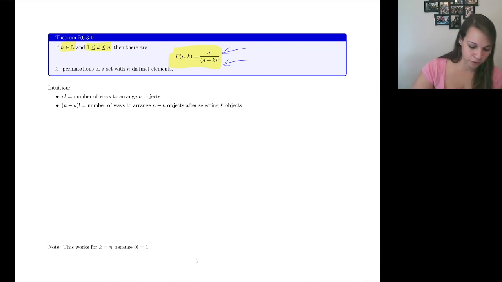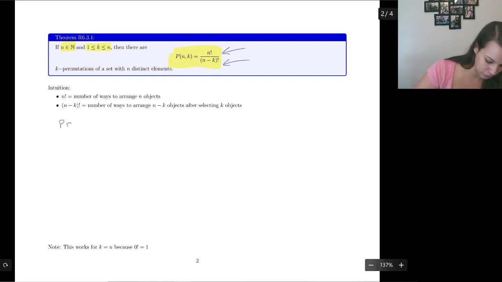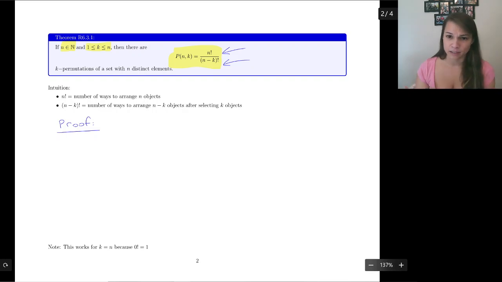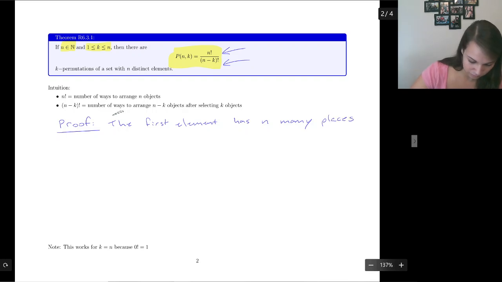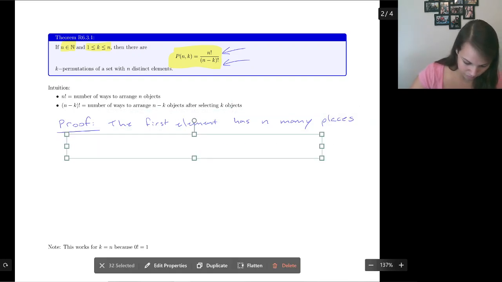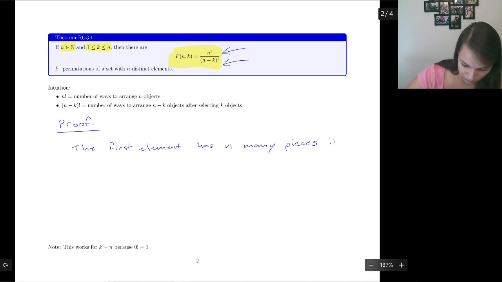So if I were to prove this, it actually is going to look a lot like the reasoning that we just did for the last problem. So when I look at this, I would say the first element has n many places it could go.